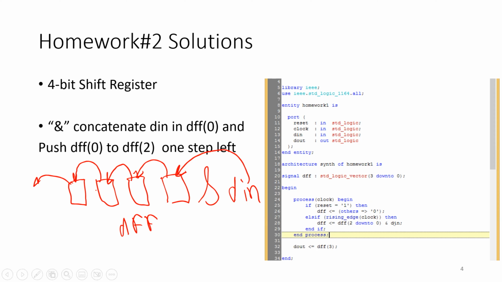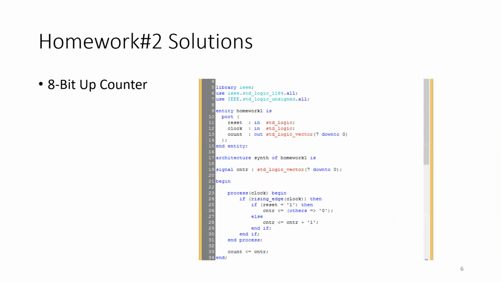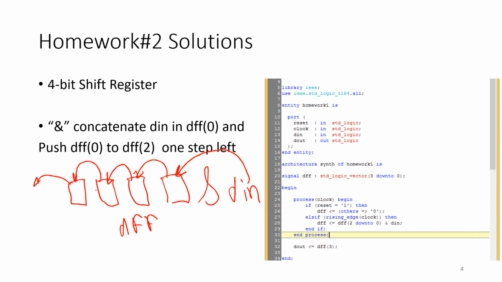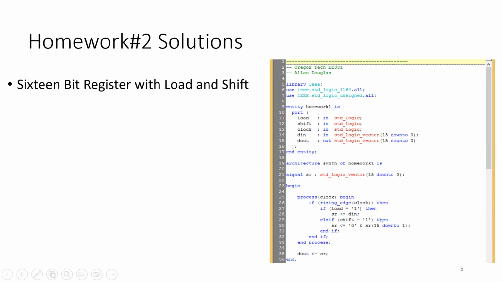I am having here DFF 2 to 0, down to 0. Concatenate D in. But in this one, I am concatenating 0 and shift register 15 to 1.